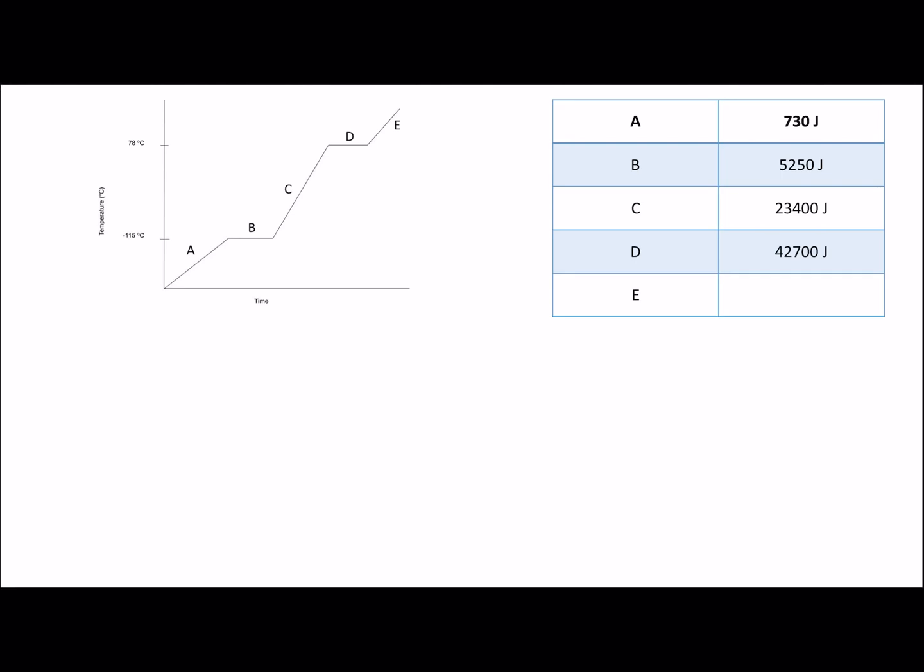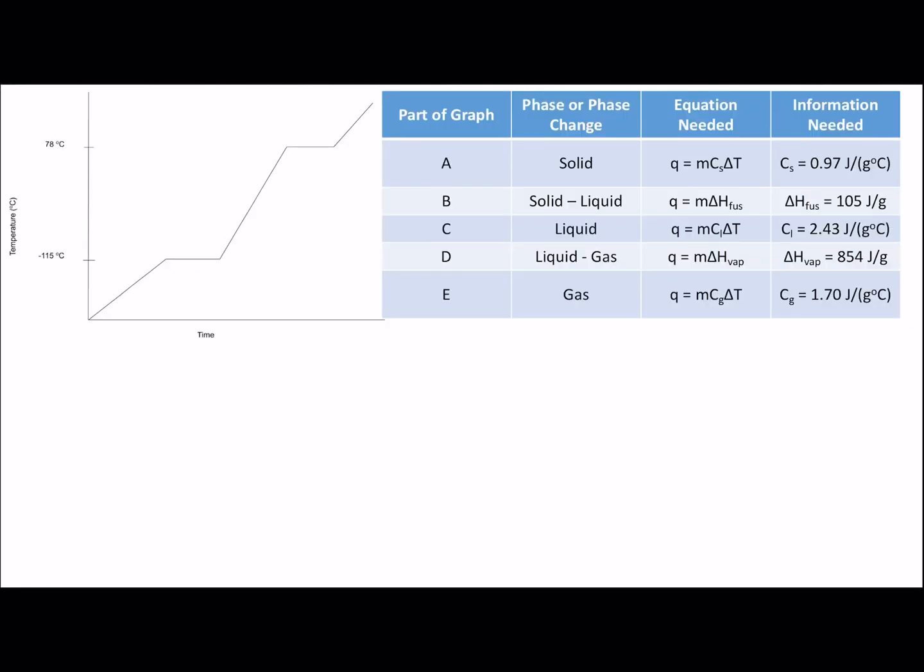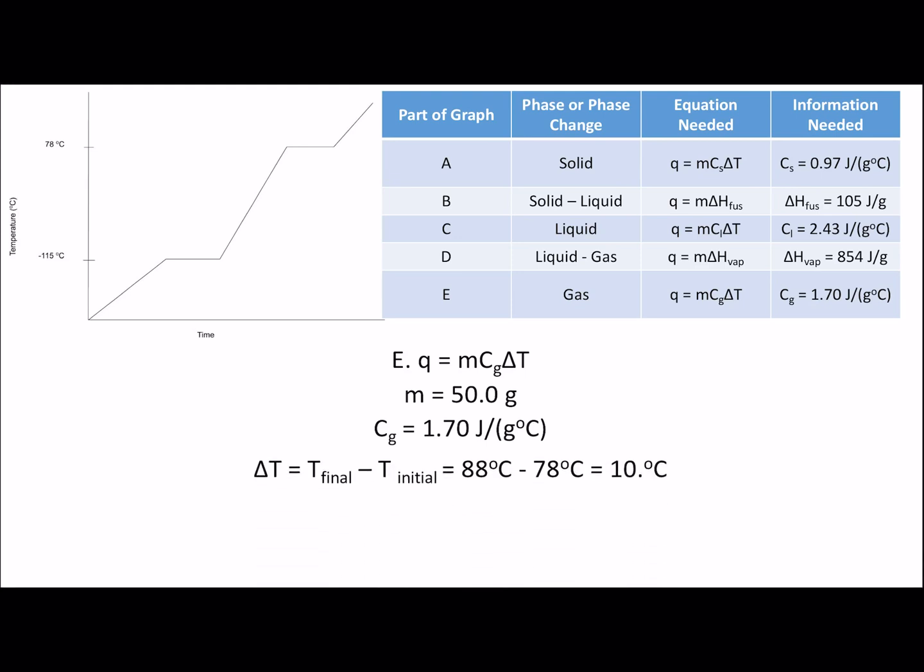So we have one last part to do. We need letter E. Now, letter E is a little different because, again, we need the specific heat for the gas, but we're still using Q equals MC delta T. Again, we still have 50 grams. And we need this new specific heat of a gas, 1.70 joules per gram degree Celsius. But here's where it gets a little different.